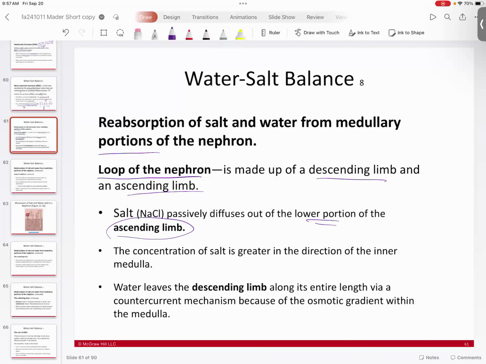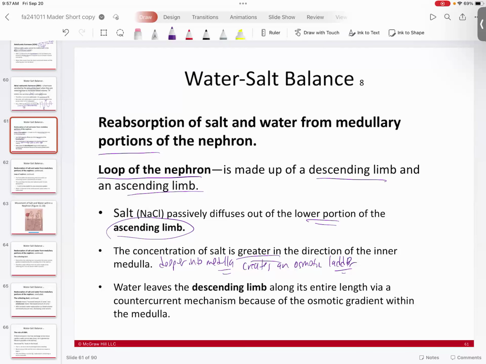The salt at the bottom, in the inner medulla, is greater, deeper into the medulla. What this does is it creates what I call an osmotic ladder, zones where your concentration of salt increases and increases as you get deeper and deeper.